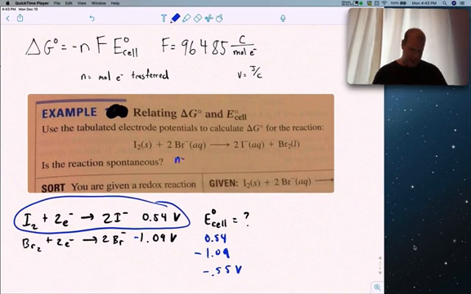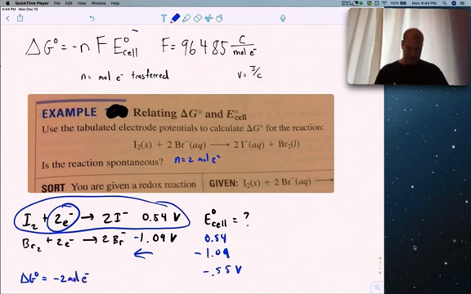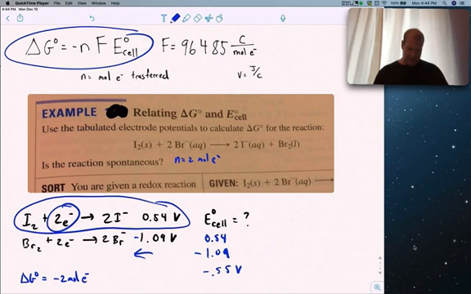But let's go ahead and apply this equation. And the n equals 2 moles of electrons, because you can see here 2 moles of electrons. So this way, if we flip this the other way, 2 moles of electrons will be consumed. So n is 2 moles of electrons. And let me plug this in the equation. Delta G0 is equal to minus 2 moles of electrons times Faraday's constant, 96,485 coulombs per mole electron times minus 0.55.